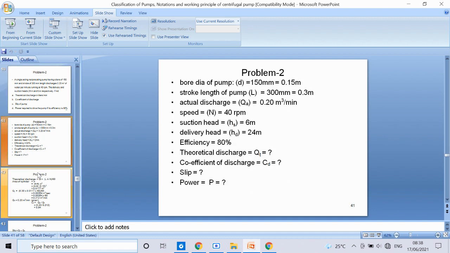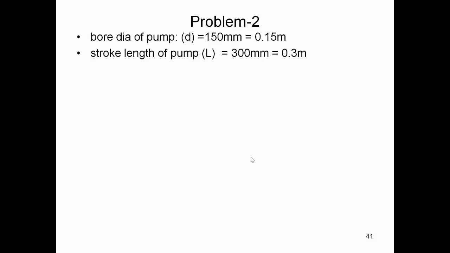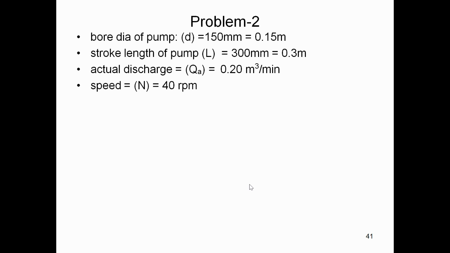So this is the problem we have, and this is the given data. Bore diameter of pump D is given as 150 mm, stroke length of pump is 300 mm, Q is given as 0.20 and speed is given as 40 rpm.